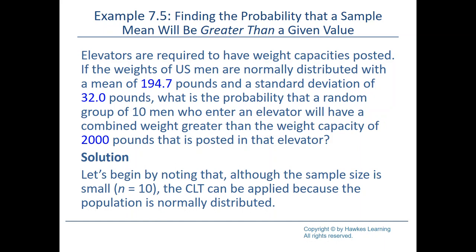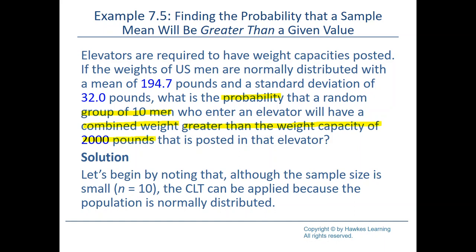Now, the second part that I found a little interesting in this problem is, as I begin to read it, it says, what is the probability that a random group of 10 men, so they've already given me a sample size, so that lets me know I'm going into my X bar world here, who entered an elevator have a combined weight greater than the capacity of 2,000 pounds.